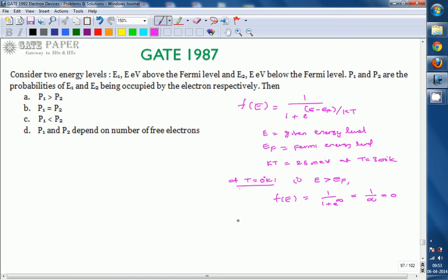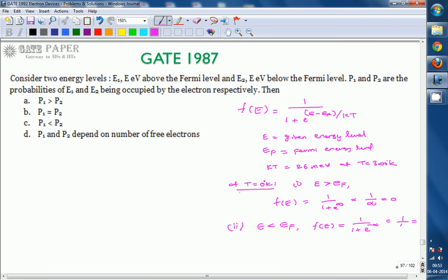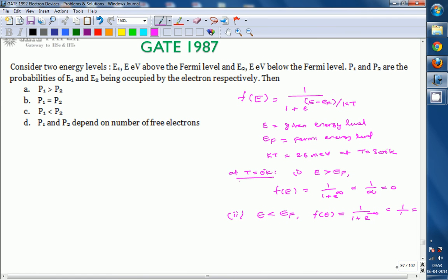And second case, if E is less than EF, f of E is equal to 1 by 1 plus e power minus infinity, which is 0, so the probability is 1, that is 100% probability.